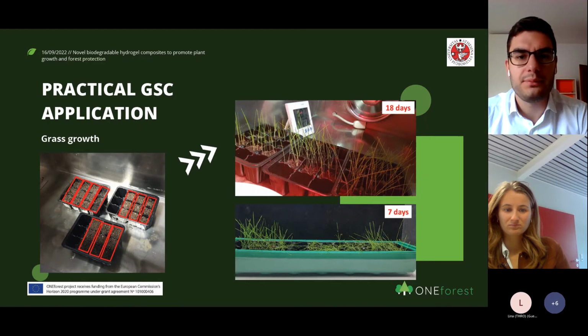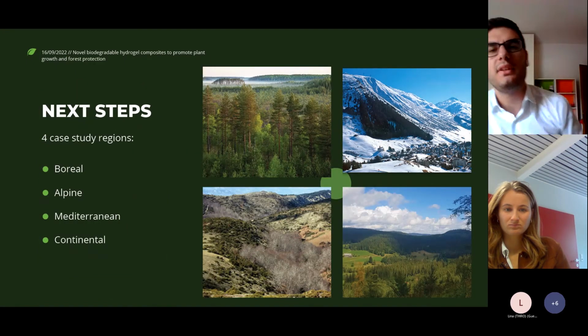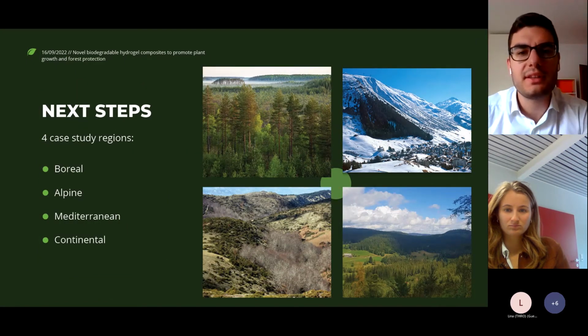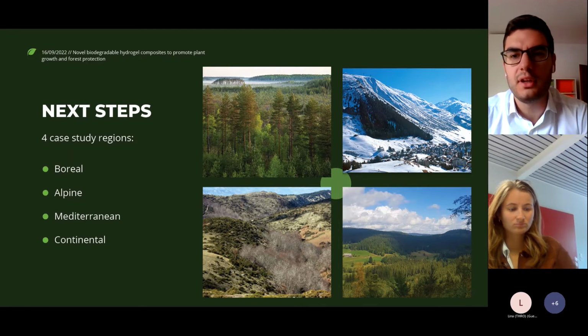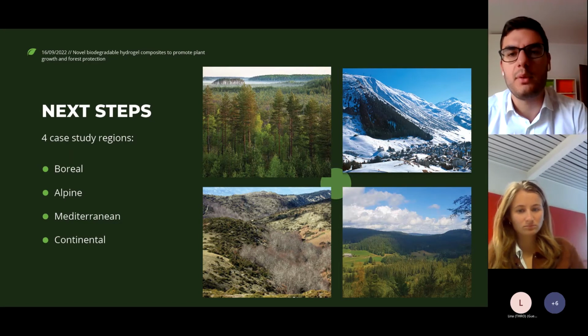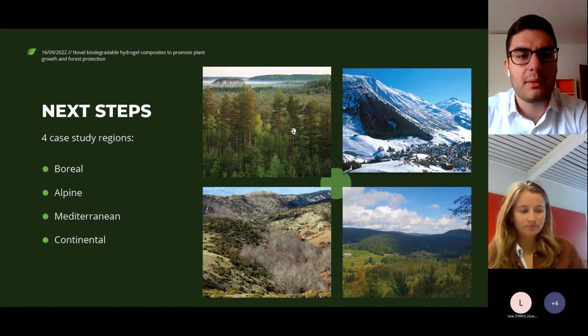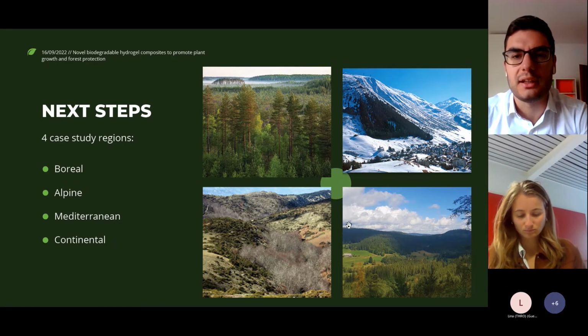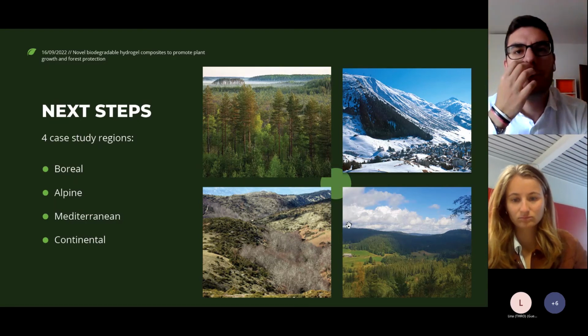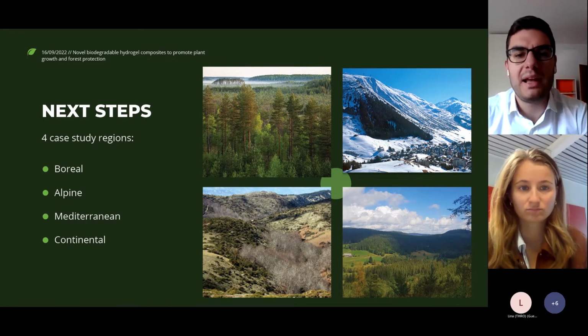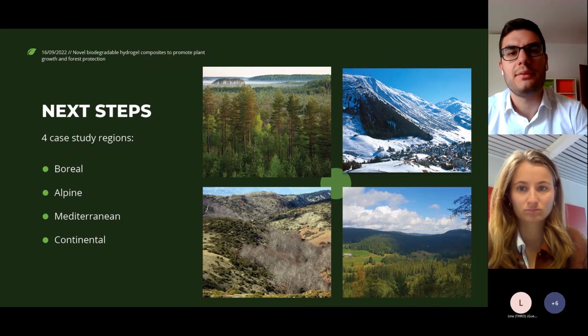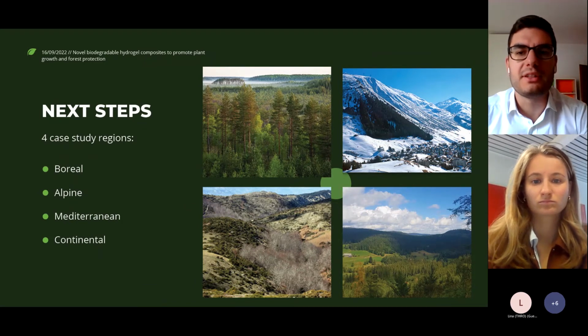So now the next steps. ONEforest is currently working on 4 types of regions that are related to 4 types of forests that are boreal, alpine, Mediterranean, and continental. And we would like to apply our optimized materials to all these types of regions to assess the feasibility of these materials.